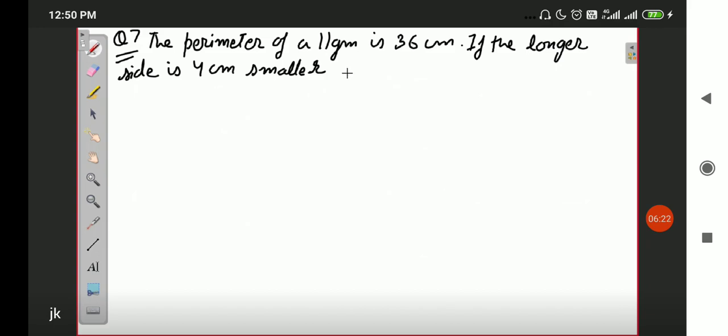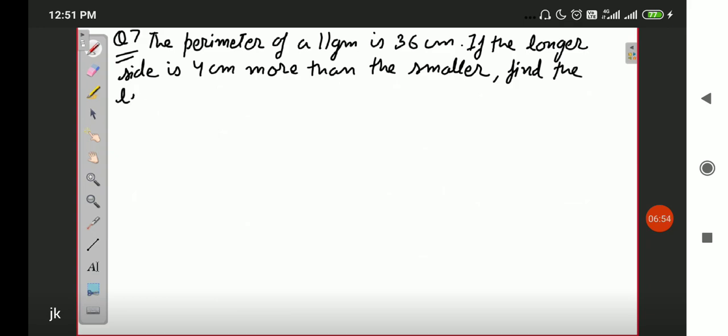if the longer side is 4 centimeter more than the smaller, find the length of sides of the parallelogram.